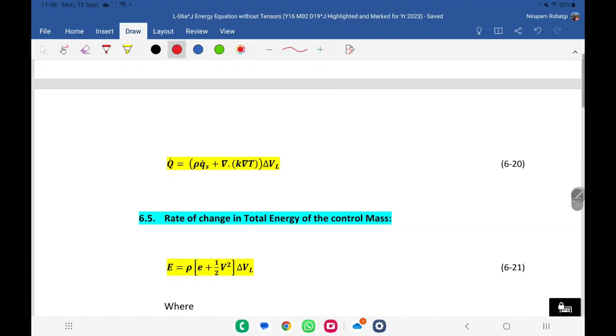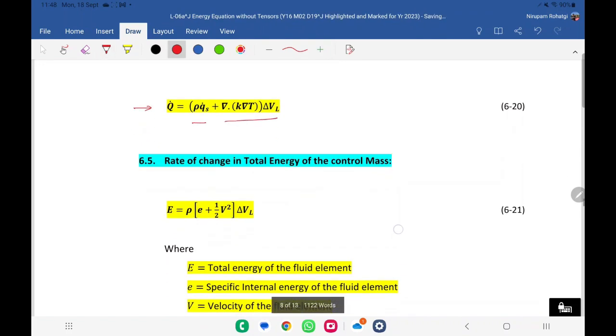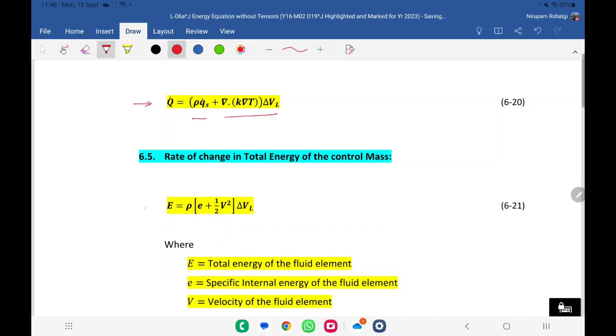So now the total heat input is equal to these two terms. Now our element is delta V with density rho, right? Total mass will be rho delta V, and this is the energy within the system.